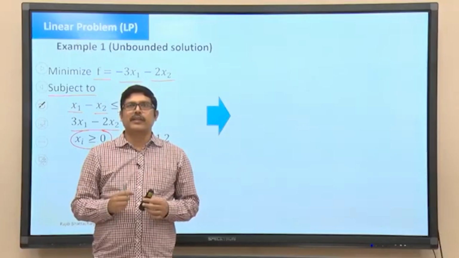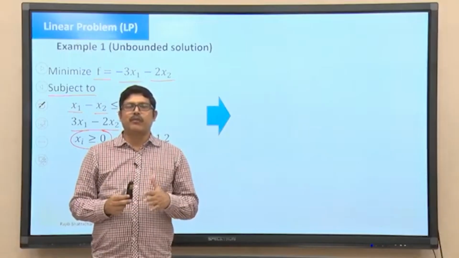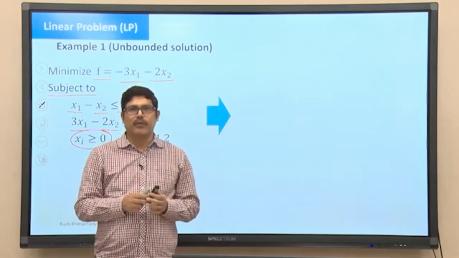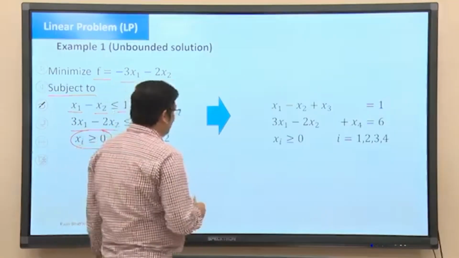Now, what is the first step? The first step is to convert this problem to the standard form. Okay, so let us convert that.